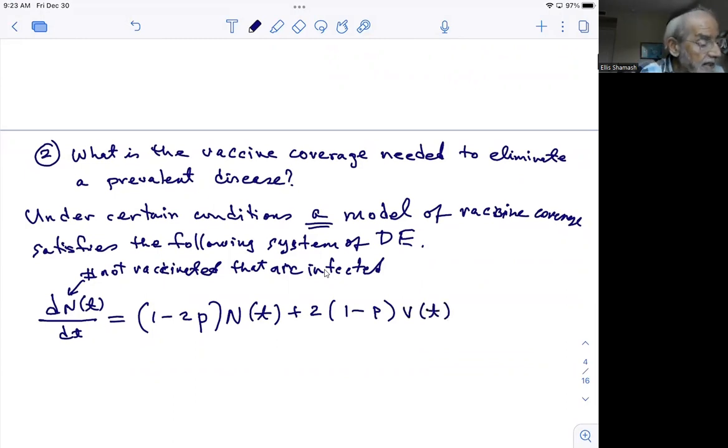The number that are vaccinated that are sick, that are also infected.